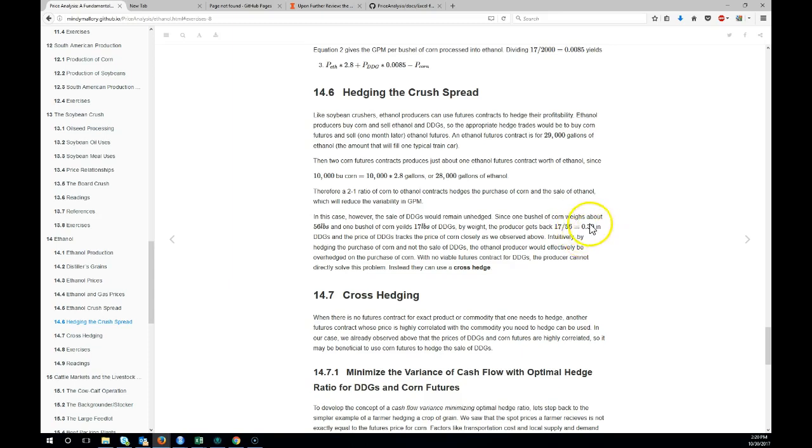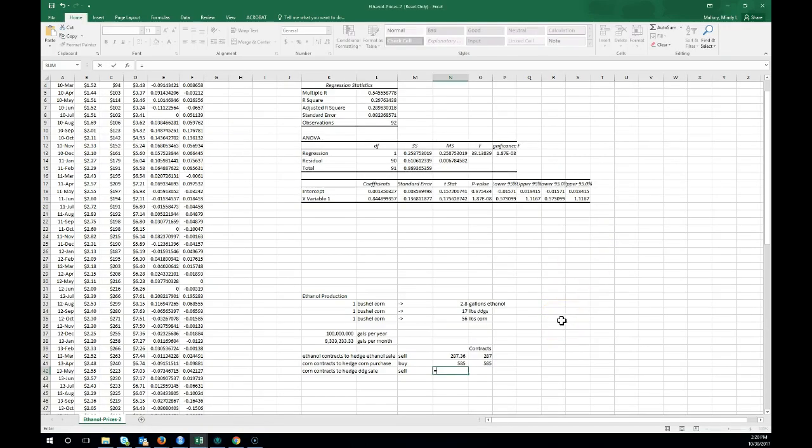And that means we're going to get not quite a third back, basically. So we are going to need the same amount of corn, not quite, but 0.3. Okay? So let's just call that 175. So we've got this situation here. To hedge our purchase of corn, we need 585 contracts, but to hedge our sale, we need to sell 175.